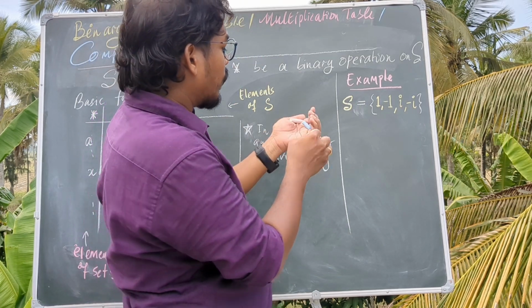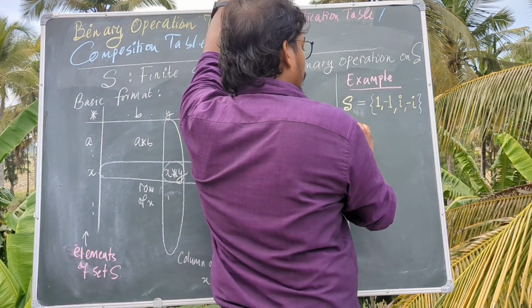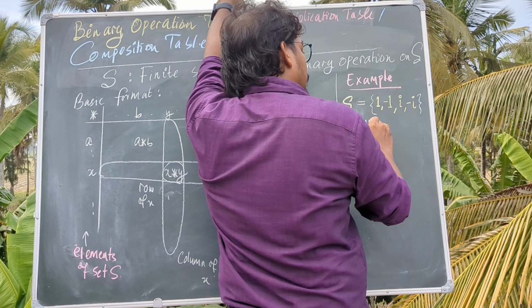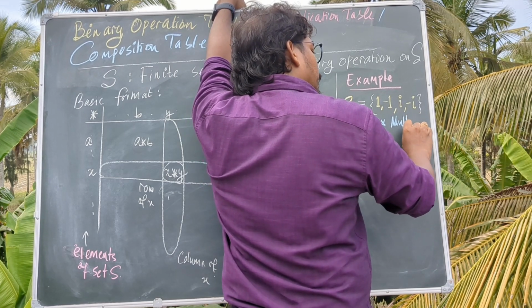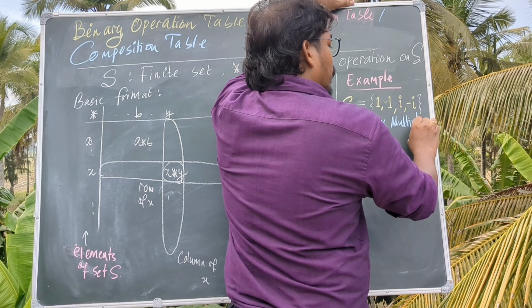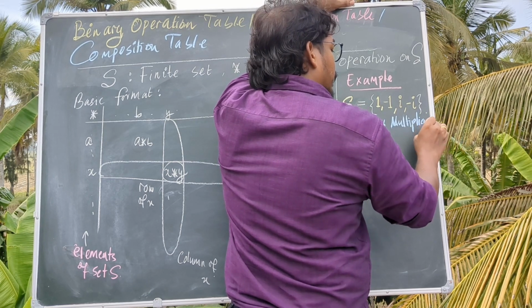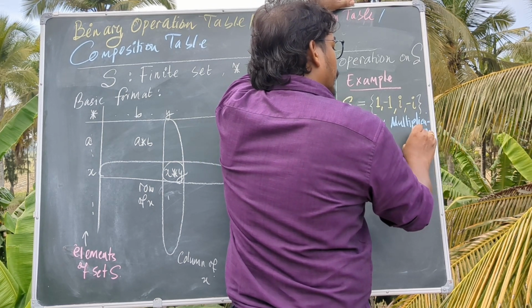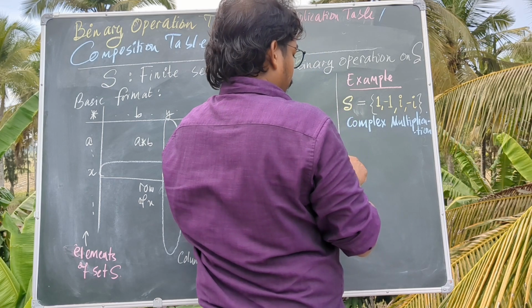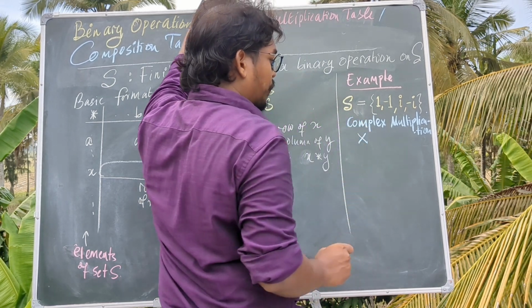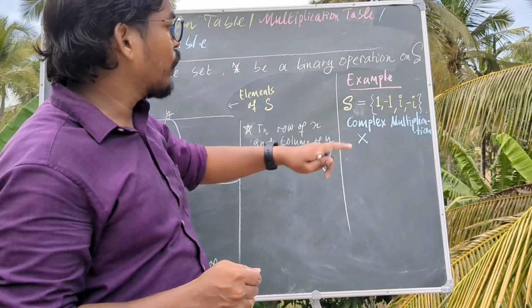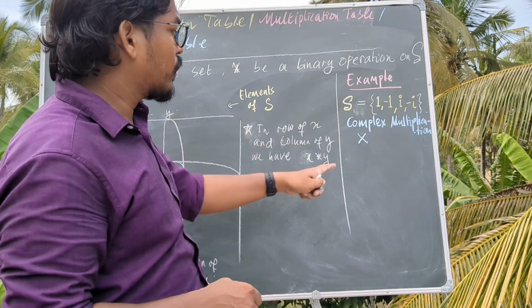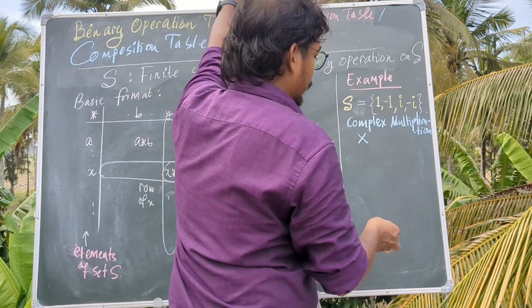The operation is complex multiplication, and I can use the multiplication symbol. Let us write the binary operation table for the set with the binary operation complex multiplication.